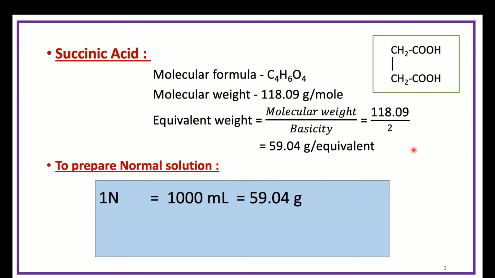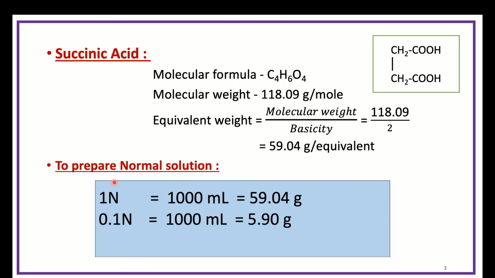Now to prepare the normal solution, again we use the factor. If we want to prepare one normal solution of 1 liter, then its equivalent weight is 59.04 grams. Taking 59.04 grams, dissolving it in a minimum amount of water and then making up the volume to 1 liter gives us a one normal solution.